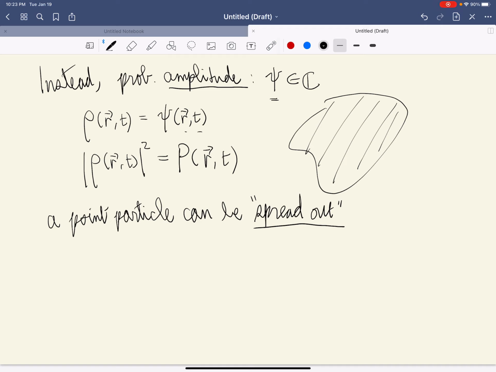Okay, I mean, this is pretty confusing, right? Our traditional view of the natural world is that either something is here or it's there, right? It's not like a particle may be here, but it can also be here or here or here. This is not the way we view the world.